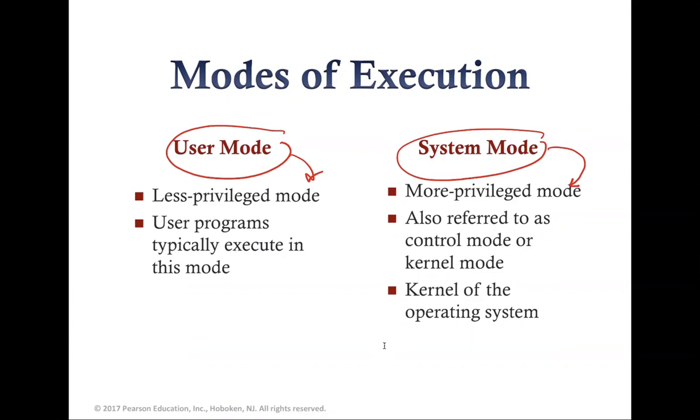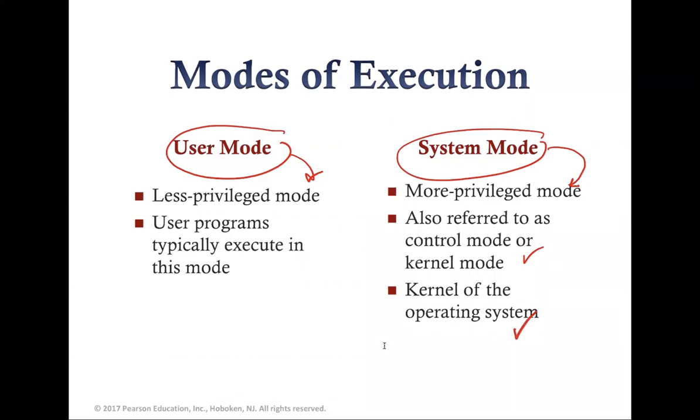More privileged instructions could include reading or altering a control register, like the PSW, doing some primitive I/O instructions, and even instructions related to memory management. In addition, certain regions of memory can only be accessed in a more privileged mode. The more privileged mode is sometimes called control or kernel mode, and it is mainly done at the kernel level of the operating system.